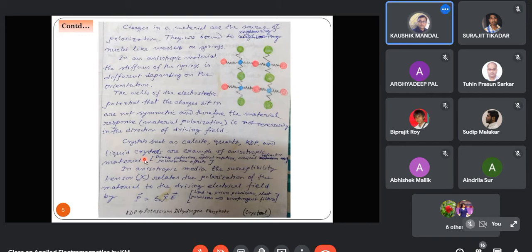Why are we mentioning peculiar optical phenomena? It will be clear when we discuss the corresponding phenomena in more detail. The peculiar phenomena are double refraction, optical rotation, and conical refraction. These are the different types of peculiar optical phenomena exhibited by anisotropic materials.